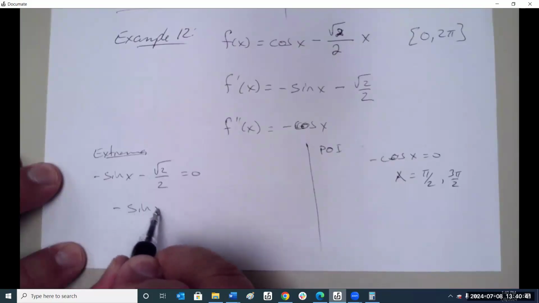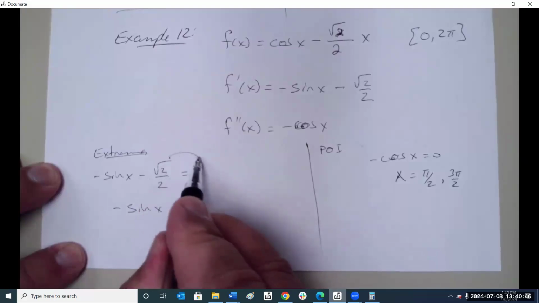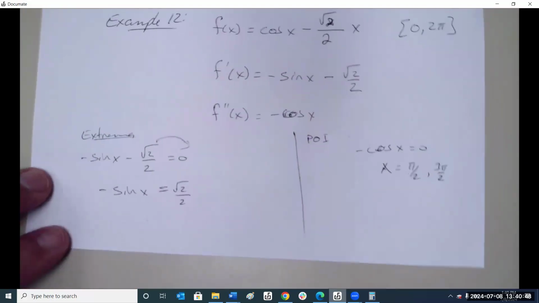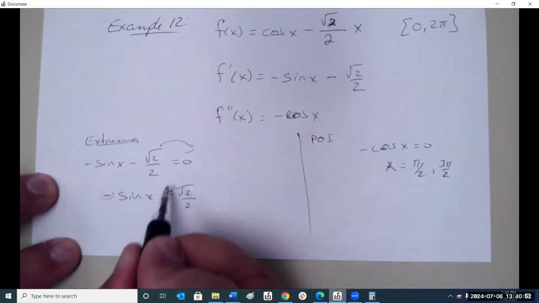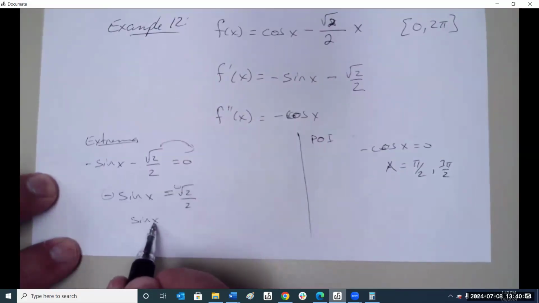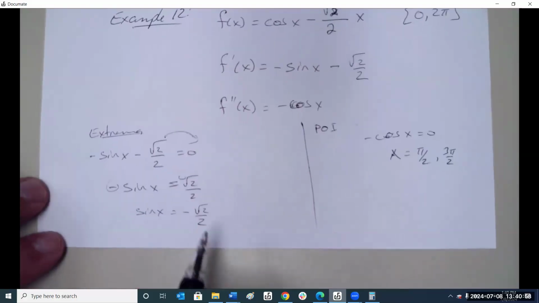Negative sine x equals square root of 2/2. Move that one over there. Change the signs. So we have sine x equals negative radical 2/2. Where is sine x equal radical 2/2?